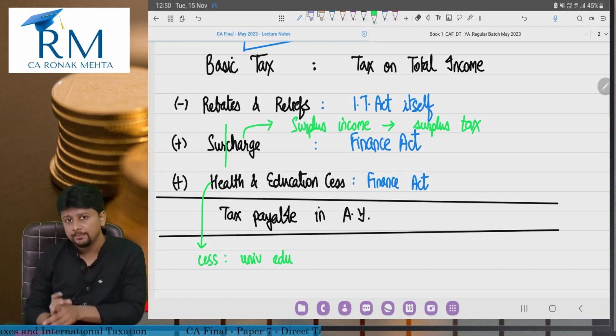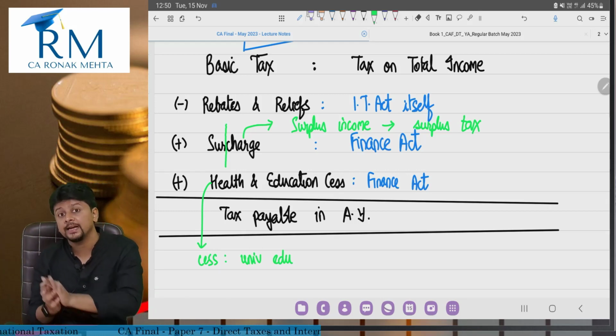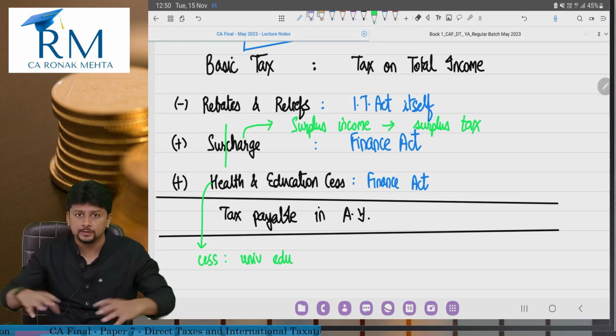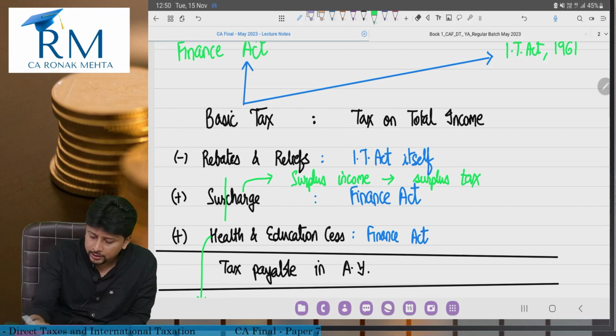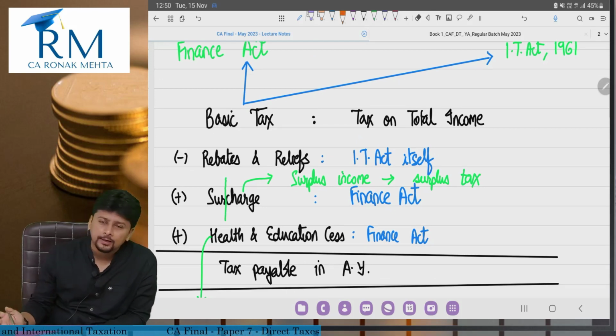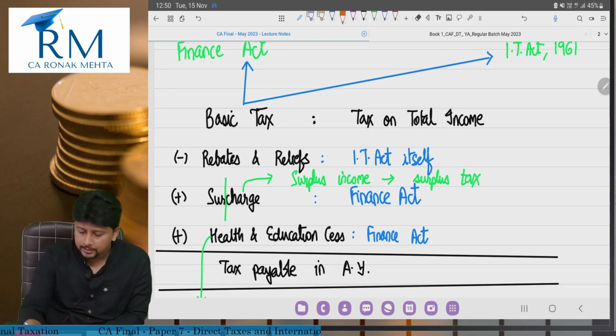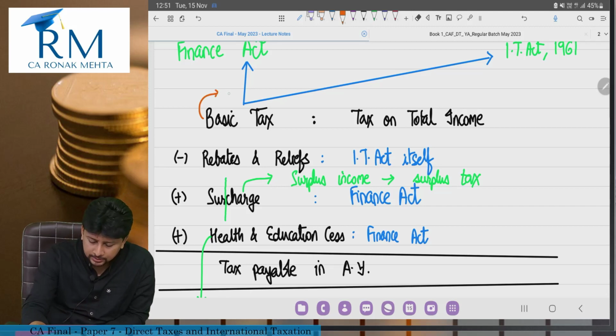You not only pay the basic amount, you pay an additional tax, super tax, surcharge is what it's called.